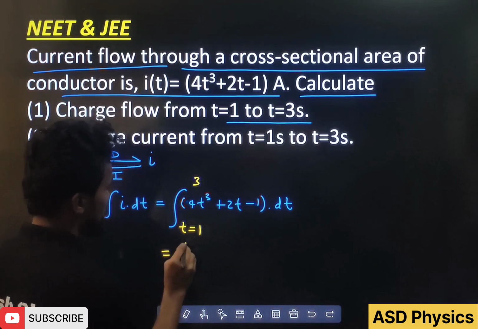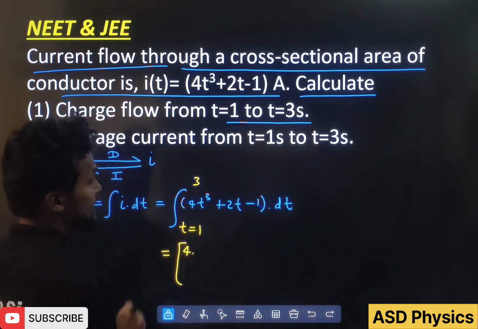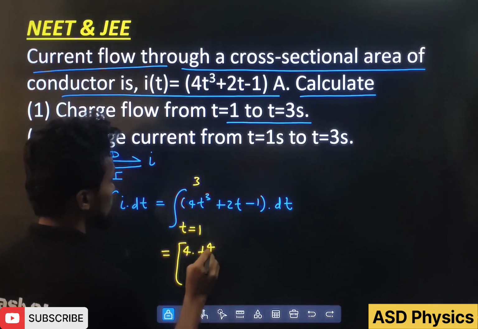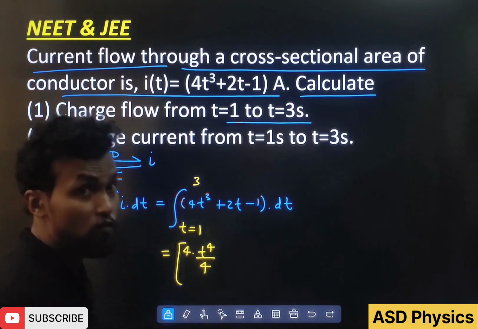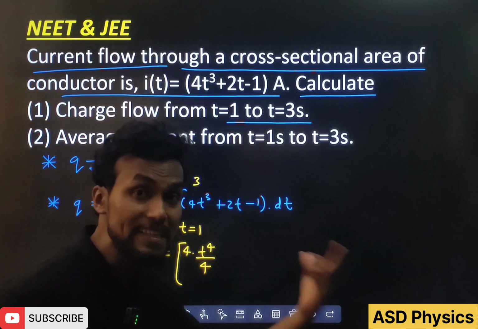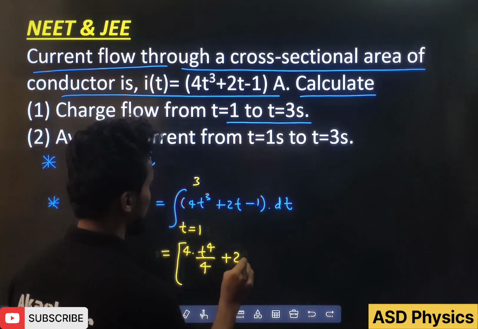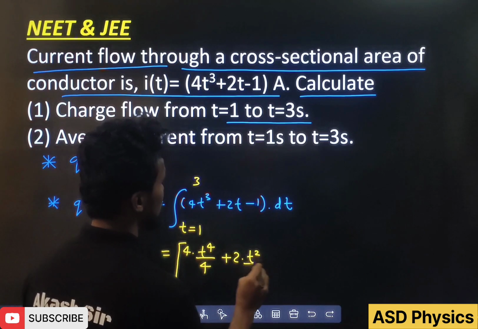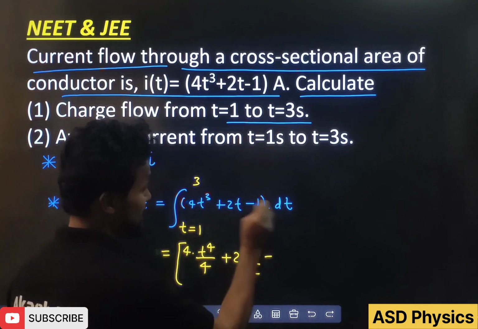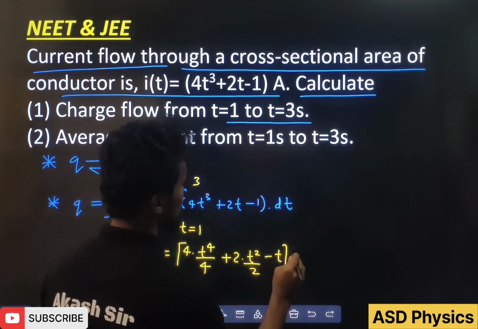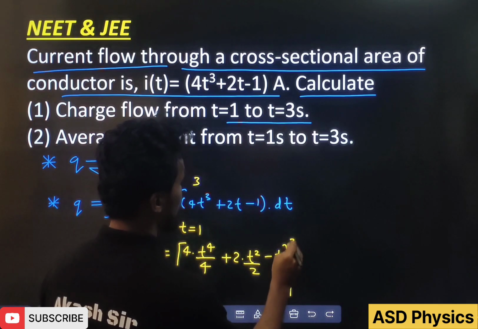So see here please, 4 times the integration of t cube means t to the power 4 by 4. Formula: integration of t to the power n dt means t to the power n plus 1 by n plus 1. Plus 2 times the integration of t dt means t square by 2, minus the integration of dt means t. So here, where to where? 1 to 3.